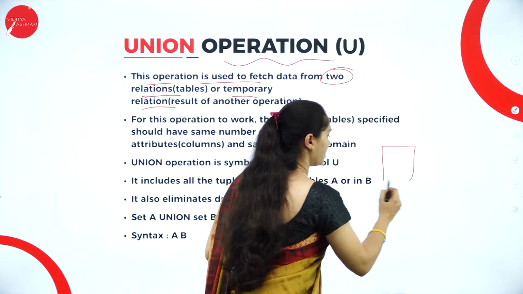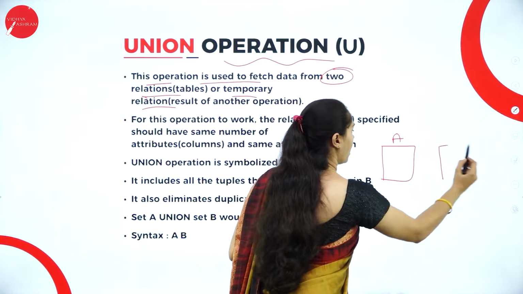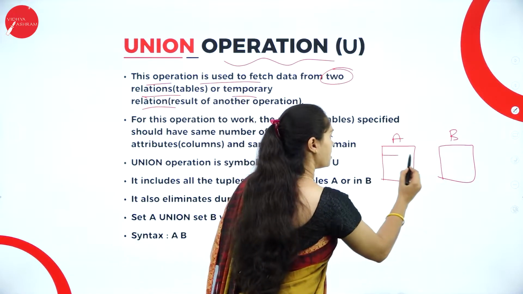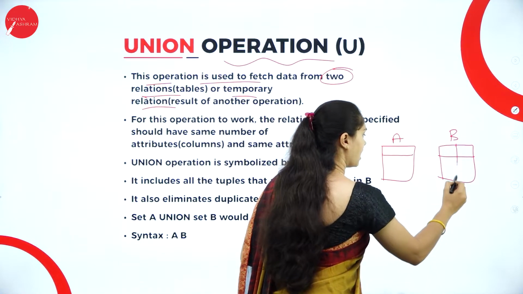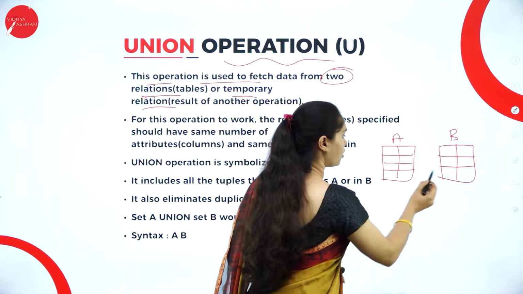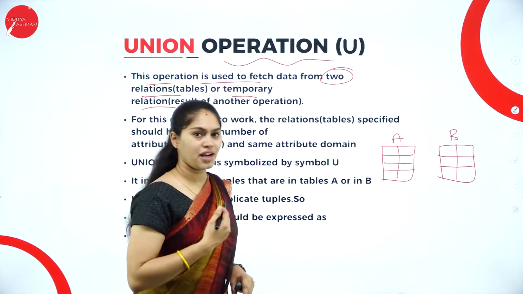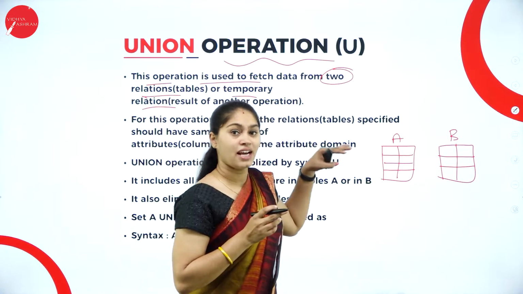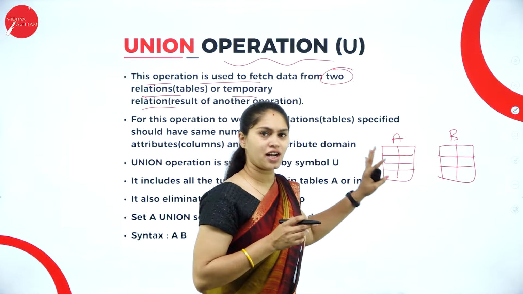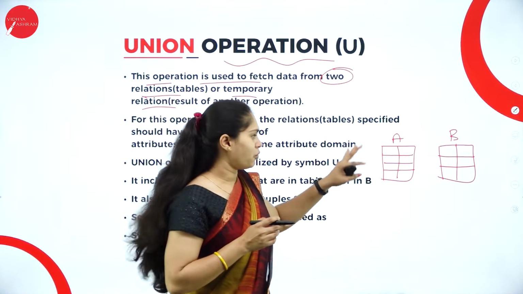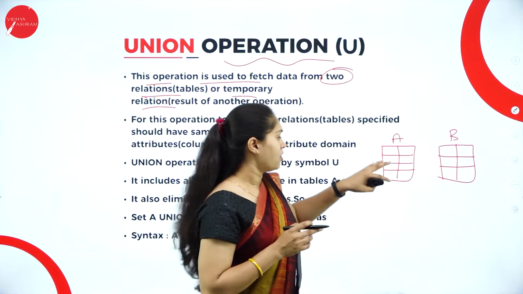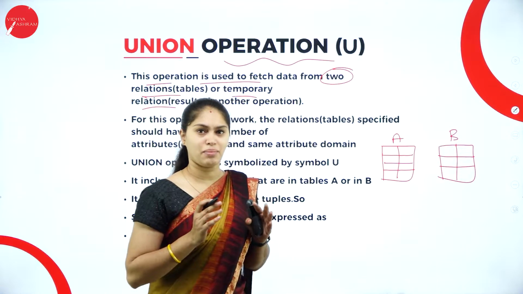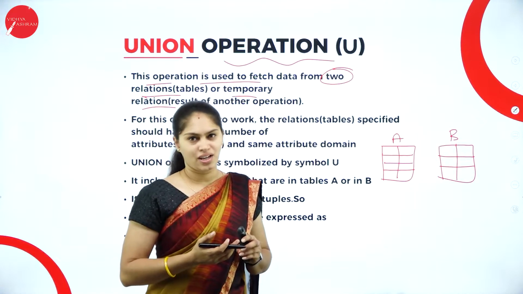Let me take one example here. So here you can see that we have a relation A and relation B. If I wanted to see it as a relation, it must comprise rows as well as columns. Let me consider A has 3 rows and B has 2 rows or tuples. But here you have to understand one thing with respect to the constraint. If I wanted to perform the union operation between A and B, at that time we have to take the same number of attributes from both relations. Then only will it be possible to do the union operation.